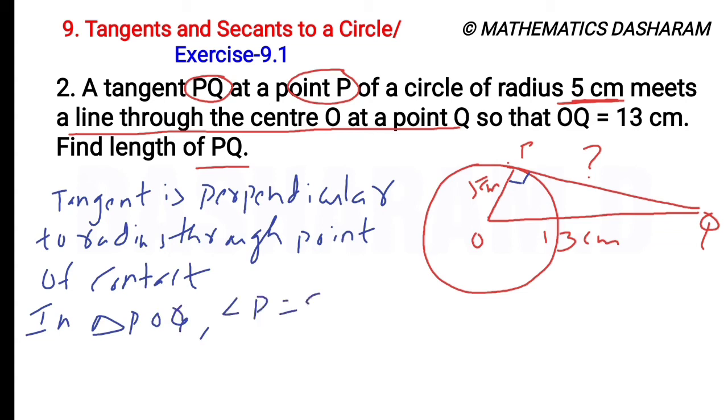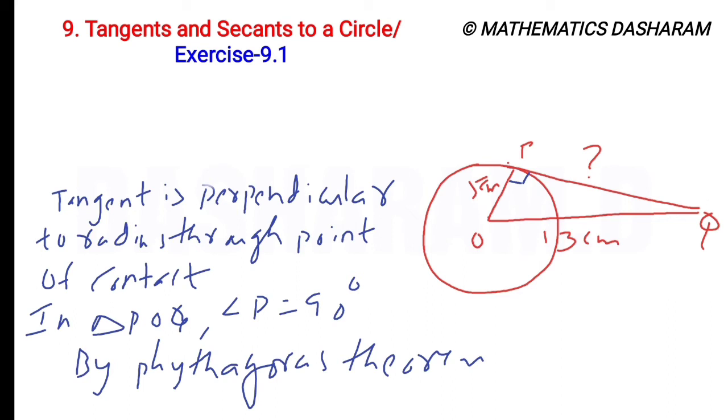Angle P is 90 degrees. So apply the Pythagoras theorem. In this, the side opposite the 90 degrees is the hypotenuse. So then OQ square, hypotenuse square, equals the sum of the squares of the other two sides. That means OP square plus PQ square.